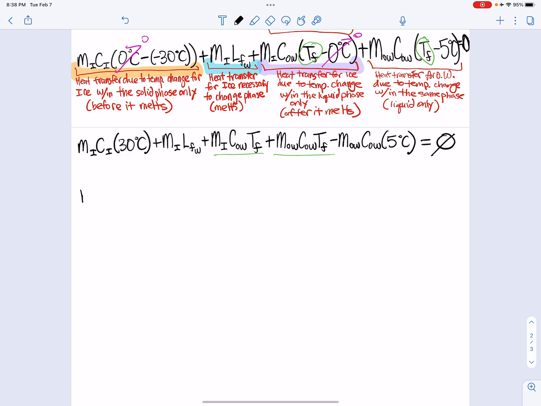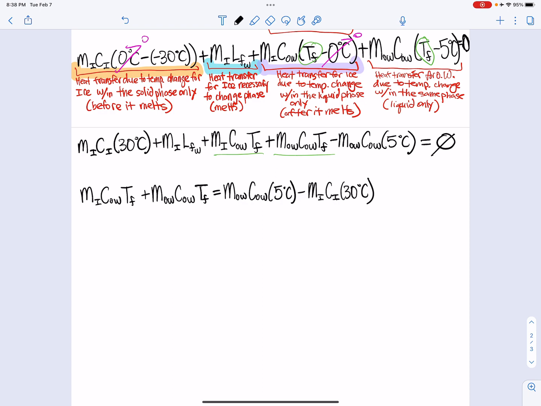So I'm going to have the mass of ice caps times specific heat of ocean water times final temperature, plus the mass of ocean water times specific heat of ocean water times the final temperature, is equal to the mass of the ocean water times specific heat of the ocean water times 5 degrees Celsius minus mass of the ice caps times specific heat of the ice caps times 30 degrees Celsius minus mass of ice caps times the latent heat of fusion for water.